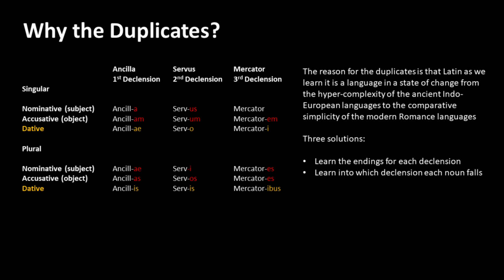My second piece of advice, and this follows from what I've just said, is whenever you learn a new noun, you must also learn into which of the 3 main declensions this noun falls. If you don't do this, you will be confronted by words like mercatori. Look at it in the table on the left. This is the dative singular of a 3rd declension noun. But if you don't know that mercator is a 3rd declension noun, you may find yourself under the fatally mistaken assumption that mercatori is the nominative plural of a second declension noun.